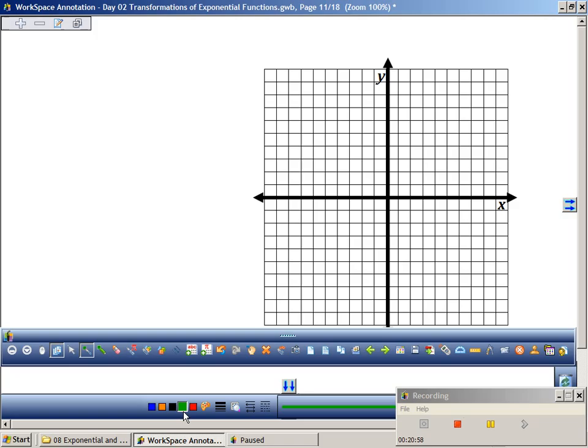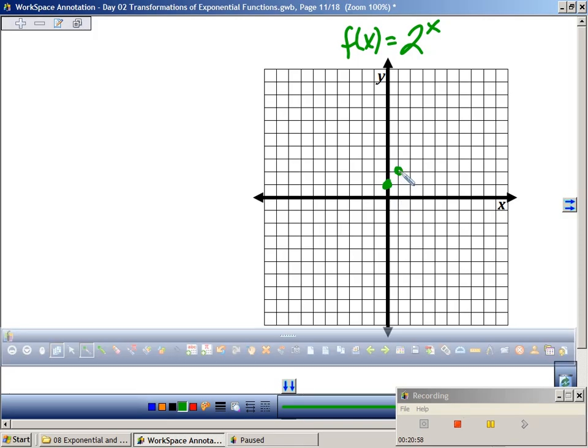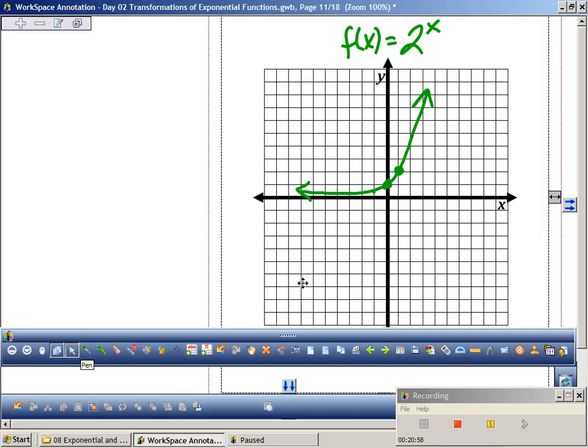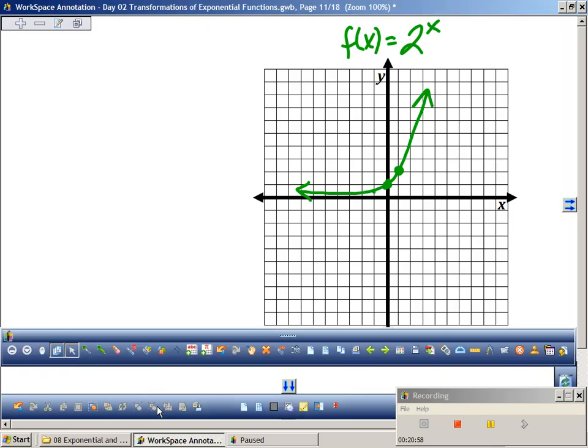Yes. All right, so my f of x equals a base of 2 to the x is up 1, 0, 1, and 1, 2, like this. Put this to the back. Graph all that together.